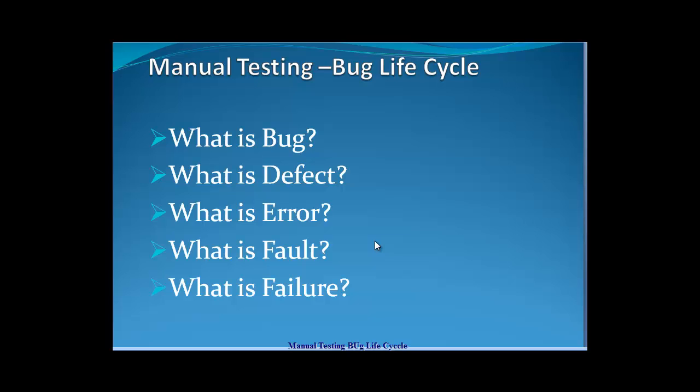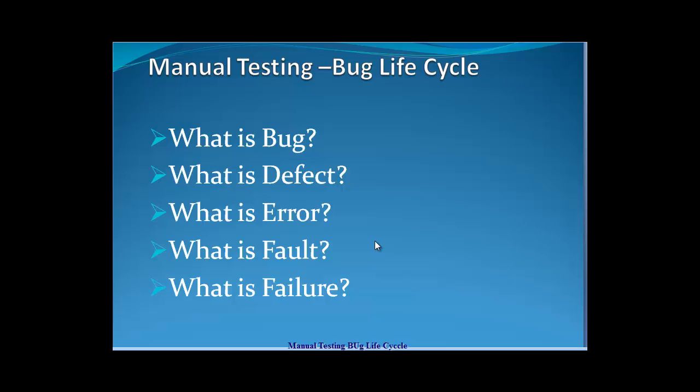Based on our supplied input, if the application is not displaying the actual result as mentioned in our expected, then we report that as a bug. Due to that bug, the application becomes faulty, and due to that fault, the complete application is a failure.